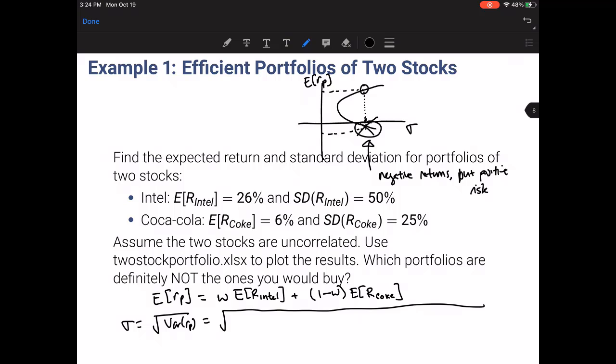It's W squared times the variance of Intel, plus 1 minus W squared times the variance of R Coke. And then, as you know, we have this covariance term.